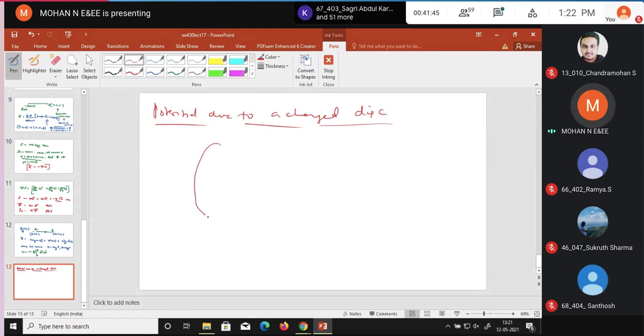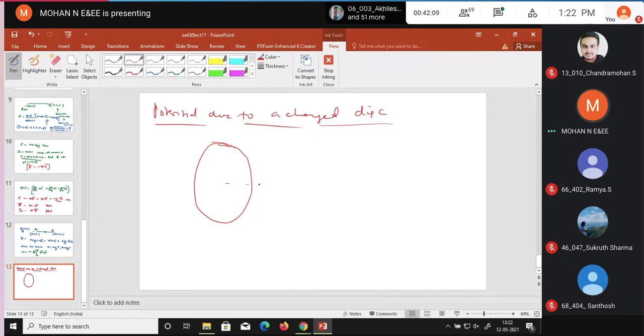So you are having a disk. It is nothing but a circular structure. Imagine a discus throw; that is nothing but a disk, and it is completely charged.